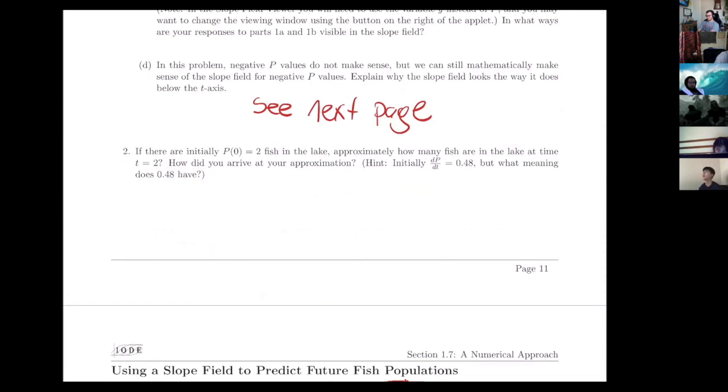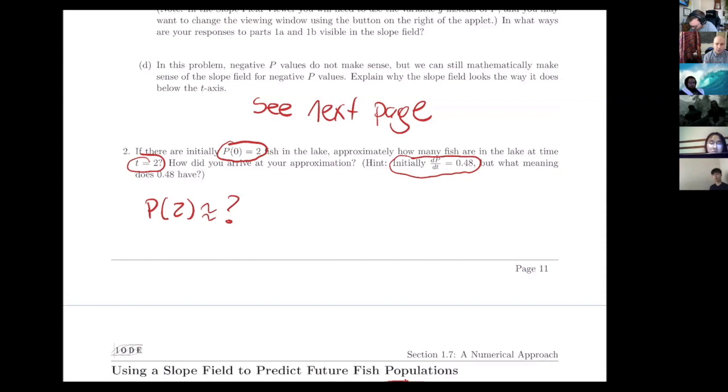So if I know that at time 0, my population of fish is 2,000, and we want to approximate how many fish are there in 2 years from now, if that's what we're measuring t in. Okay, and so we don't necessarily have a solution to this differential equation, but still we can use the differential equation to say something about solutions, just like we did with the slope field.